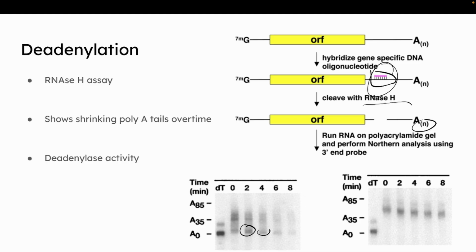And so you actually see increased concentrations of the smaller bands because you're cutting off the top ones, right? So that's pretty cool. And they identified deadenylase as the one doing this cleaving because you can see that when you have a deadenylase mutant, you get a big reduction in poly A tail degradation. And so yeah, this is deadenylase activity, right? So this is just also a very key experimental procedure that they used to test mRNA degradation.